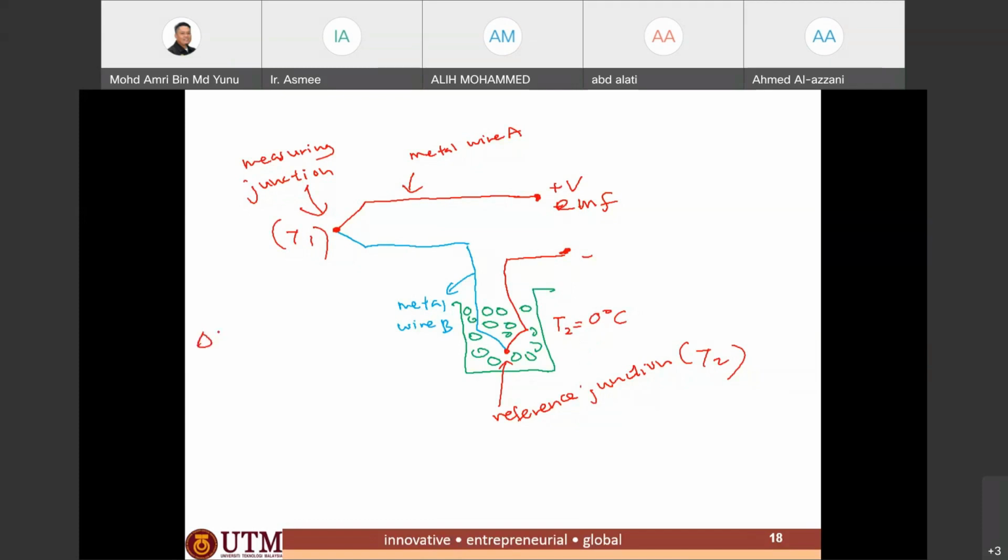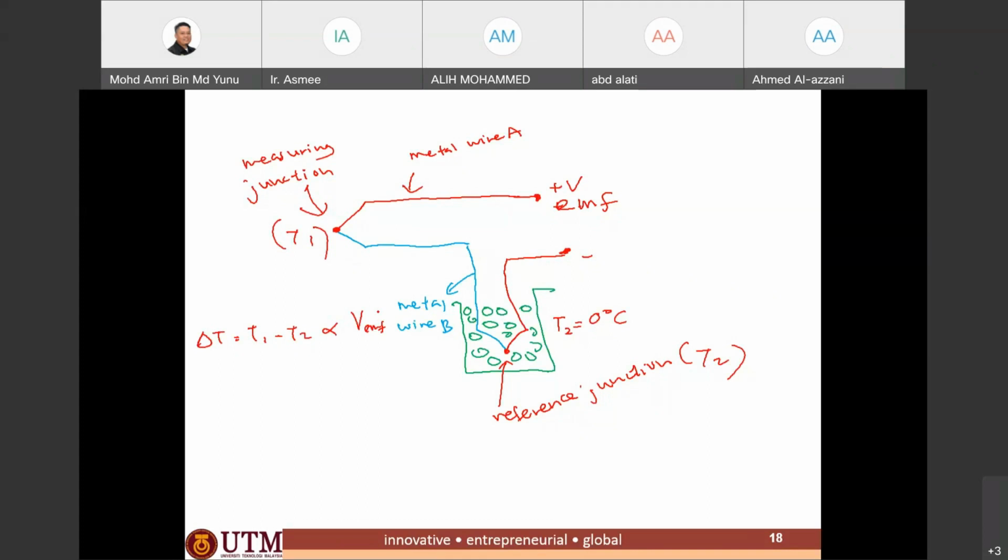So the change of temperature, which is T1 minus T2, will be proportional to the voltage or EMF induced between the open terminals. That's basically the basic construction of a thermocouple.